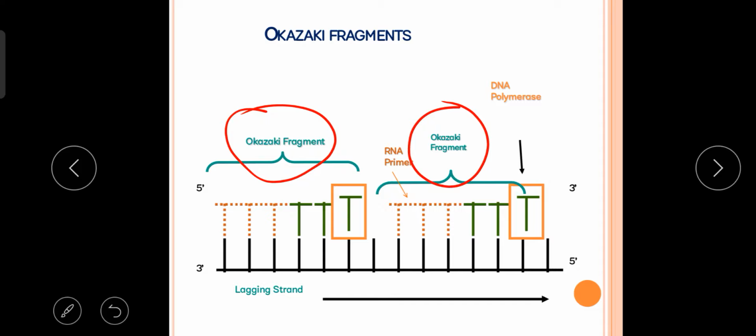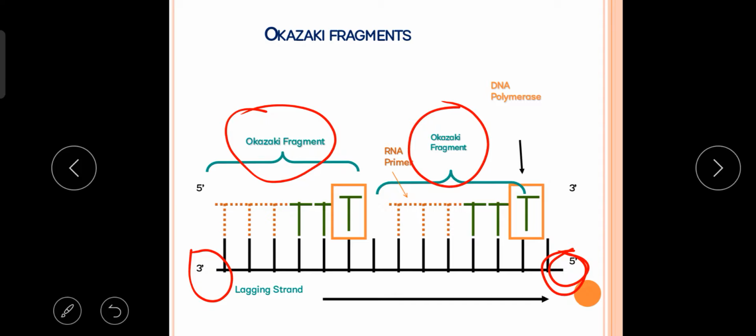Remember, Okazaki fragments means the short fragments of DNA which are synthesized on the template which proceeds from 5' to 3' direction. This is the parent strand which directs from 5' to 3'.